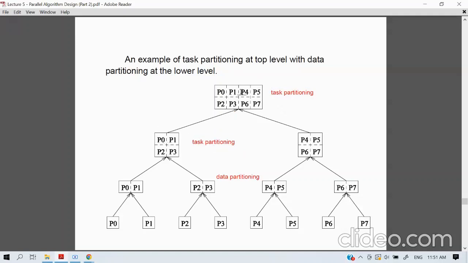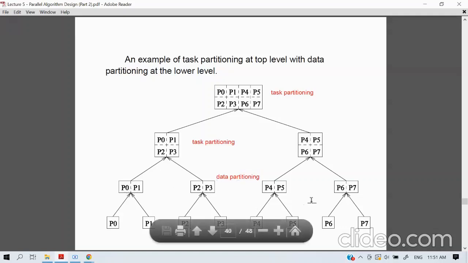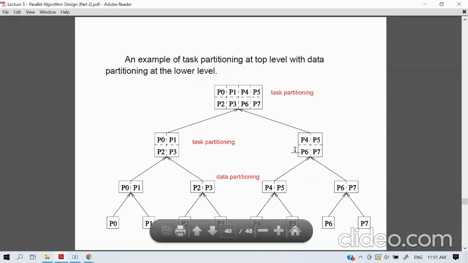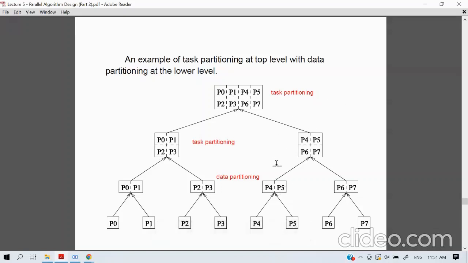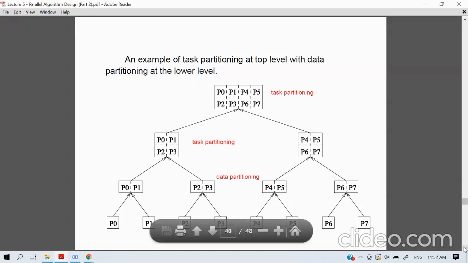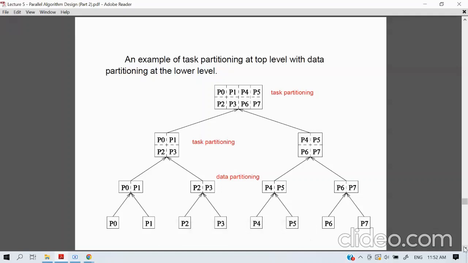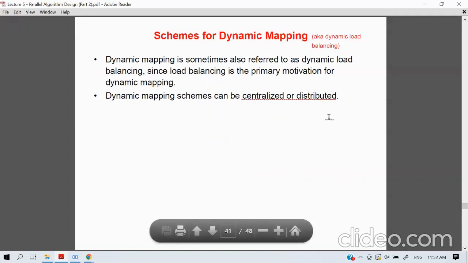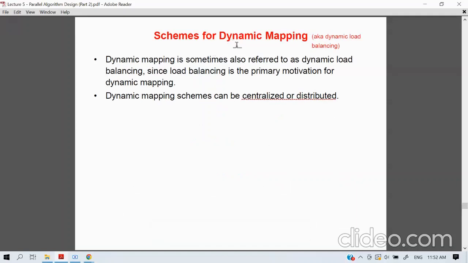This is called block, if I'm not mistaken, block cyclic distribution. And then at the lower level, it changes the technique to data partitioning. If you still remember, we did the exercise on recursive quicksort. So this is an example of a combination of two mapping techniques. Why do we need to combine? Because we use a large amount of data.